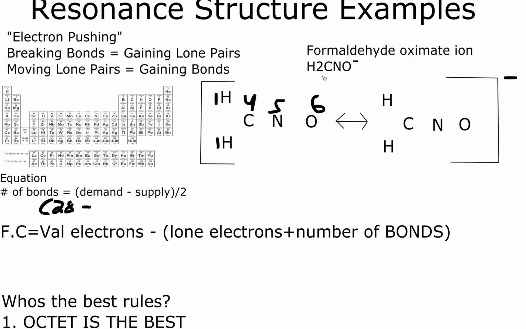Don't forget we need to add a +1 because our molecule is negatively charged and electrons are negatively charged, so we're adding another electron to our molecule. If this molecule was positively charged, we'd be losing an electron, so we'd be subtracting it. But once again, it's negatively charged, so add 1. Add all these up, and that should be 18. Divide that by 2, and we find that the number of bonds we have is 5.